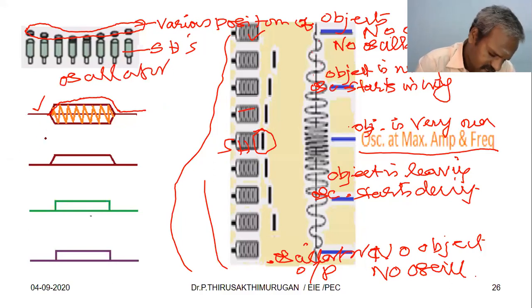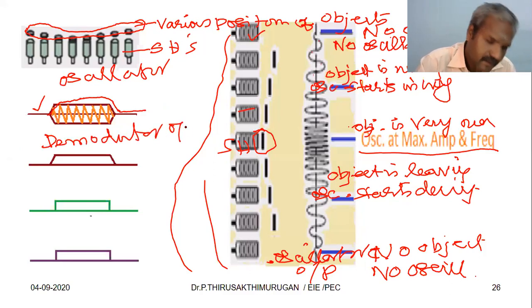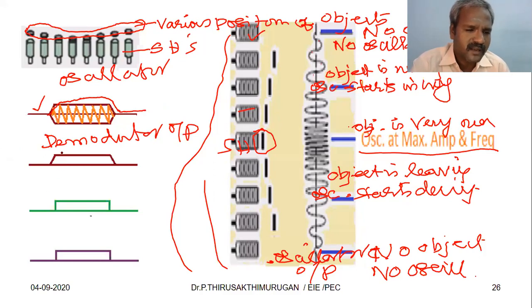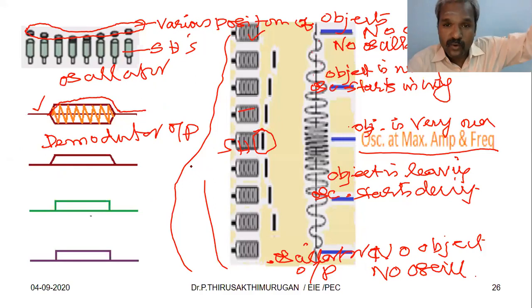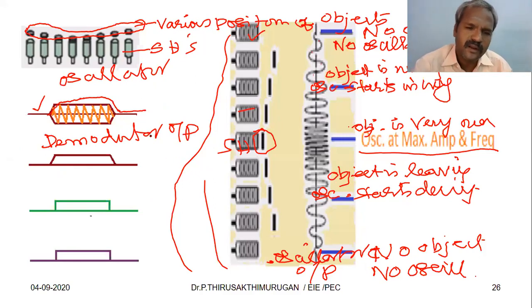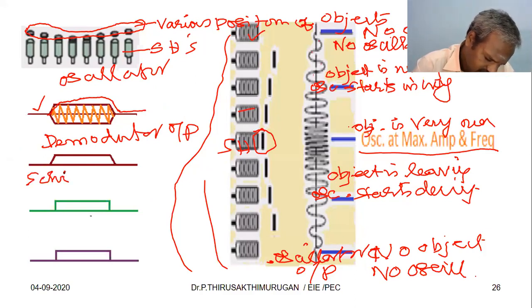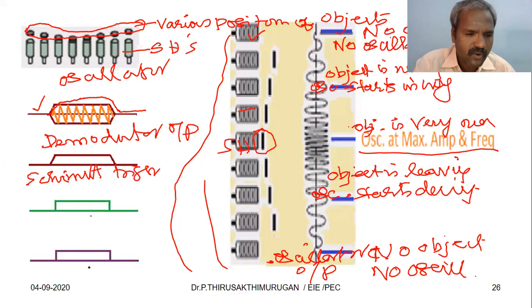This is the demodulator output. In the previous case, when the demodulator went low, the Schmitt trigger went low. Here, when the demodulator output goes high, the Schmitt trigger goes high.